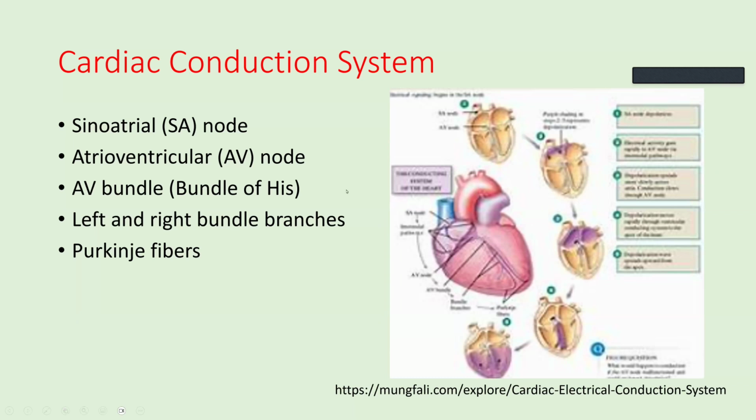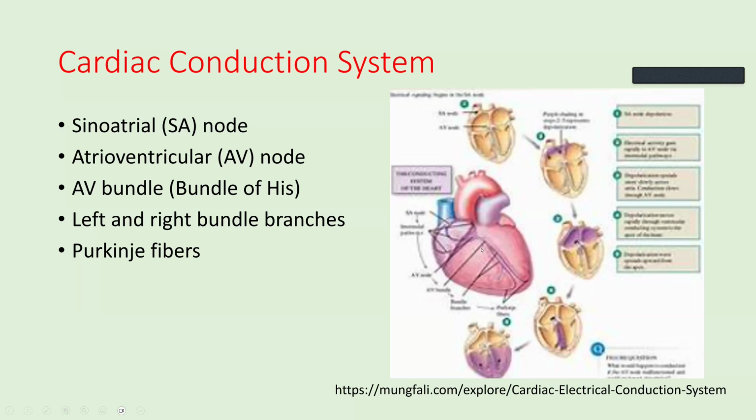Your atrioventricular node, or AV node, is located right about where the mouse is now. Its main function is to conduct the action potential from the atria to the ventricles. It is also a backup pacemaker in case your SA node fails.